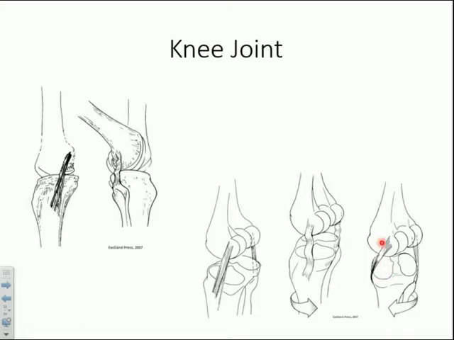As a result, we see tautness within the collateral ligaments, similar to what we saw at the hip in extension. This tautness tends to pull the tibia closer to the femur and creates the locked-out appearance of the joint itself, sometimes referred to as the screw home mechanism, to describe how the knee will actually lock out. This is important to normal posture in a standing position.